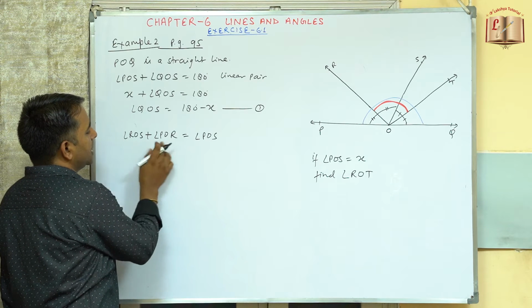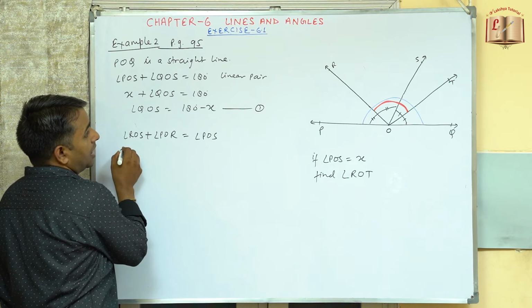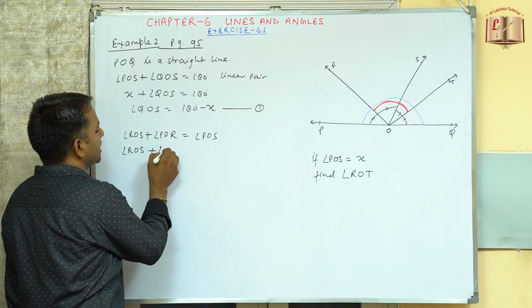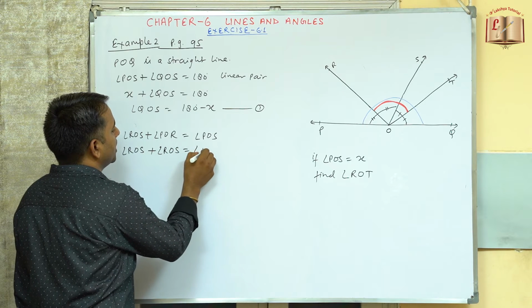These two angles are equal. So angle ROS plus this, which can be written as angle ROS, is equal to angle POS.